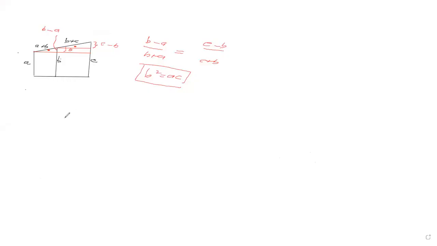Okay, so we have these lines here. Now we have 5 vertical lines. These are all equal to the radii.